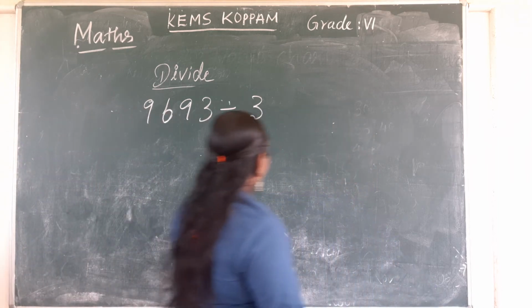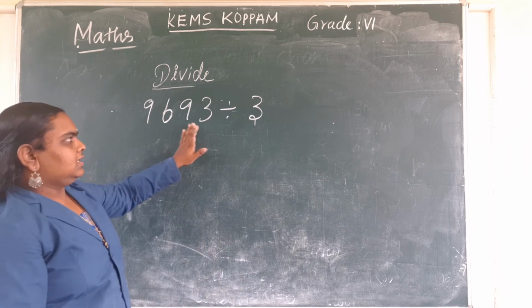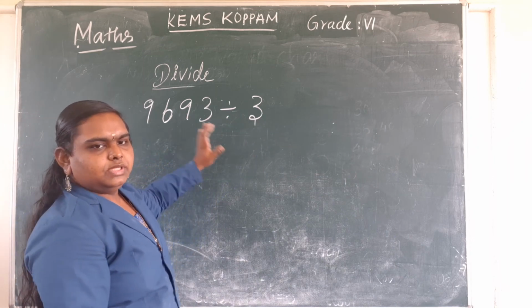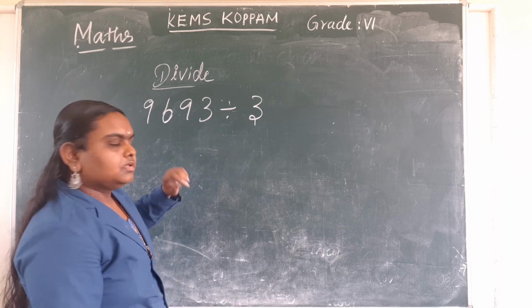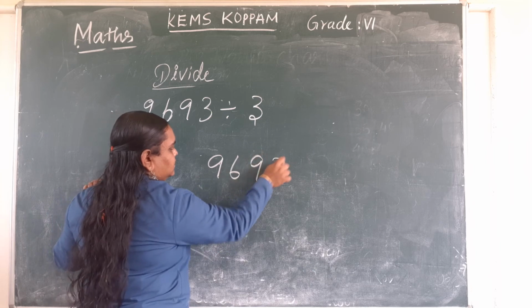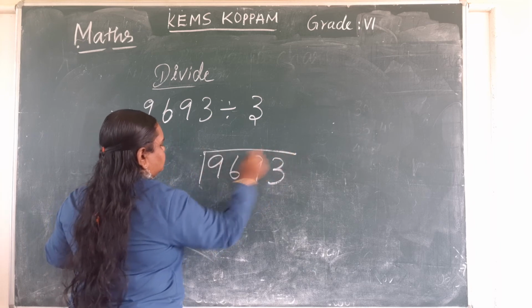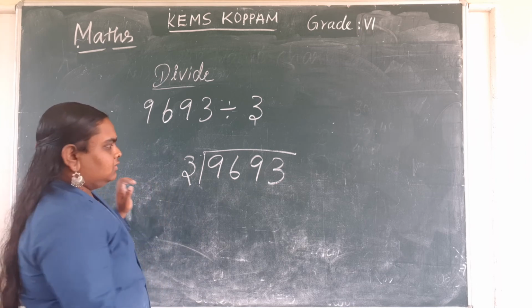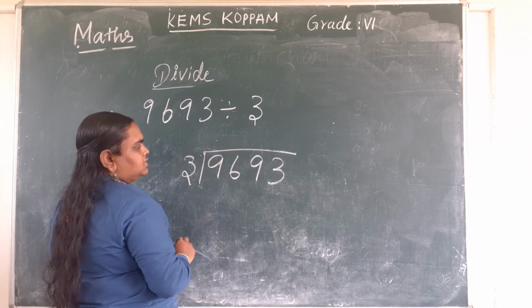First one is 9693 divided by 3. So, which number should be written inside? Yes, 9693. So, 3. Then, we have to see the multiplication.